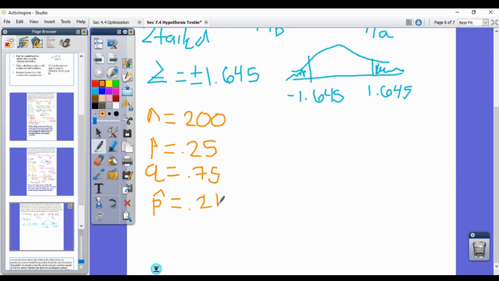All right, so let's do our check first. So we're going to see, is N times P greater than or equal to 5? And we're going to do 200 times 0.25. And that is going to give me 50.